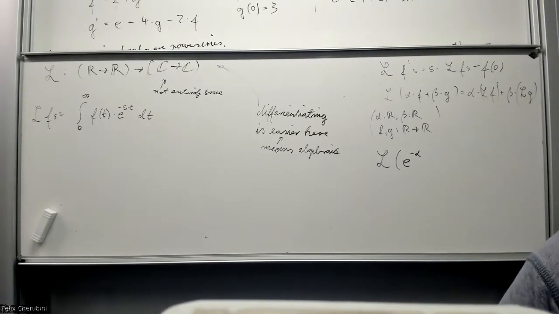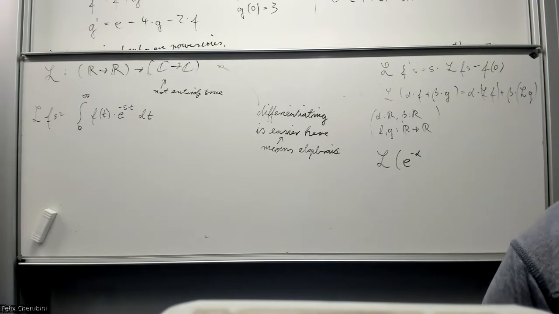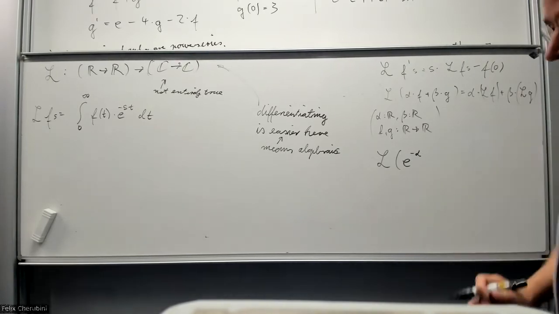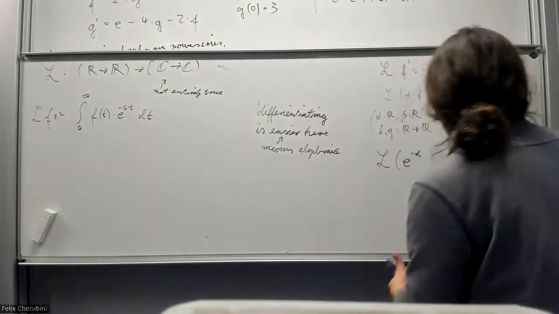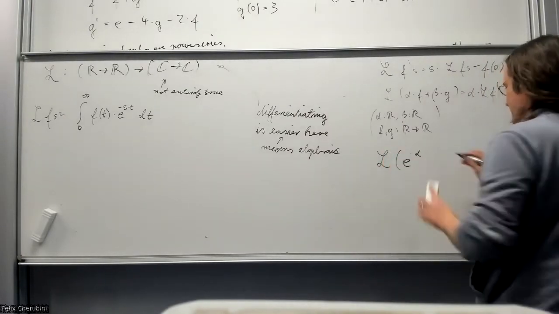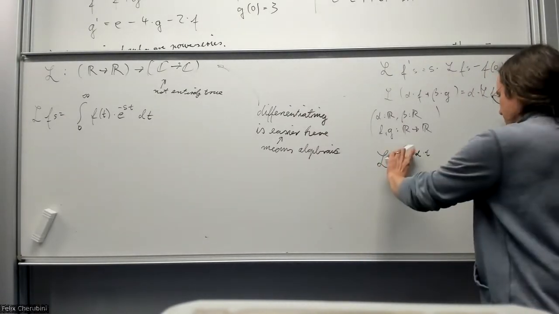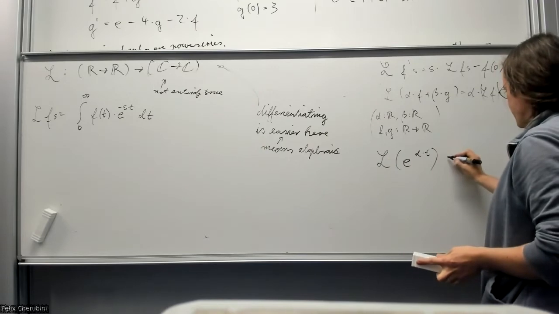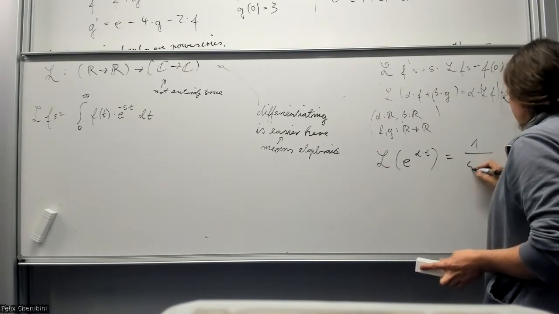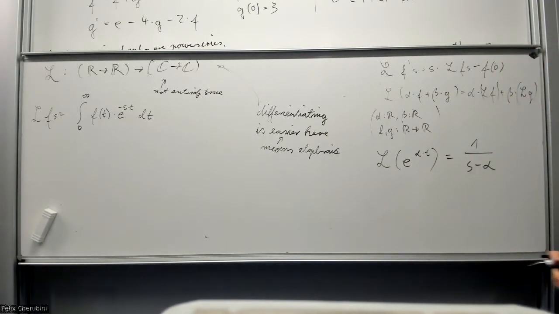I have to increase my font to see that, but the GitHub rendering of PDFs doesn't let me do that. It's alpha times t, and the minus is then here.